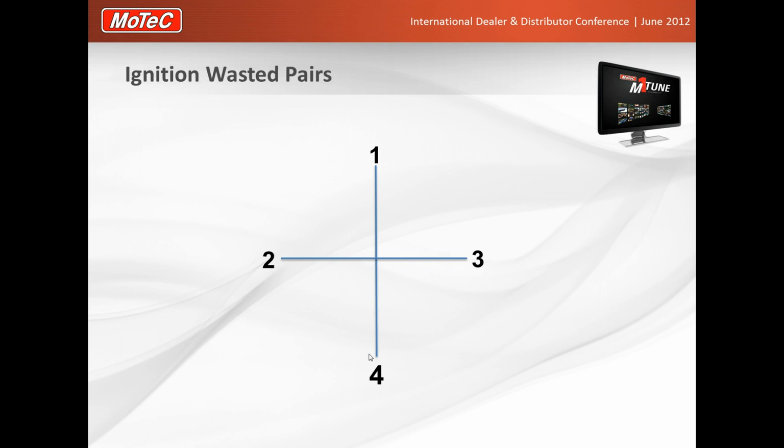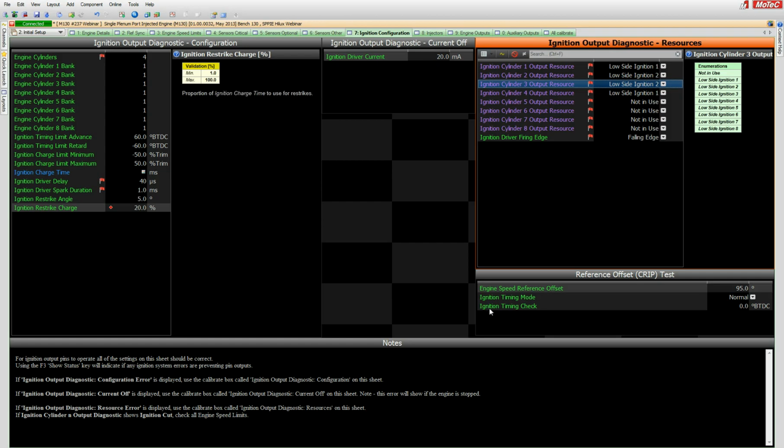If this is an 8-cylinder engine, I would simply have a couple more lines here, but still the same thing. I would have my firing order of the engine drawn in a clockwise manner. Which ones are joined by a straight line? They're the ones that need to be configured to have the same output. So you can see here cylinders 1 and 4 have the same output, and cylinders 2 and 3 have the same output.